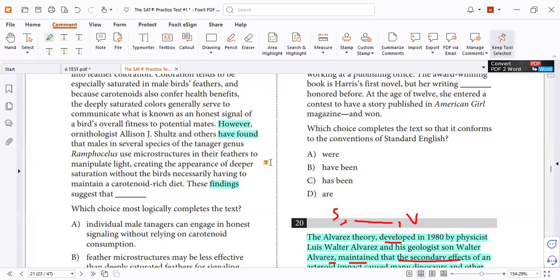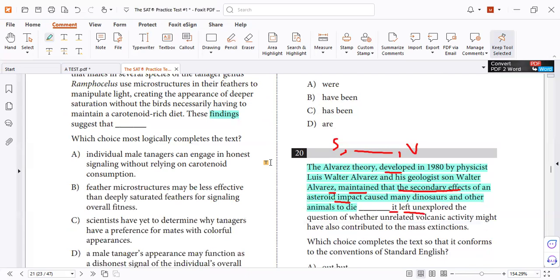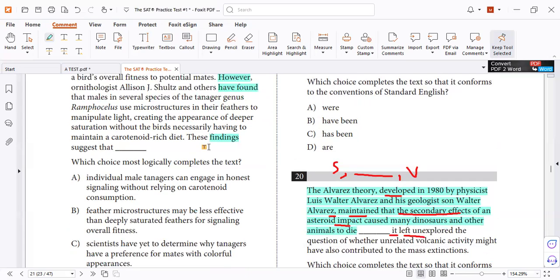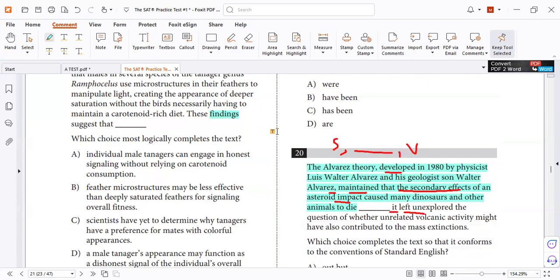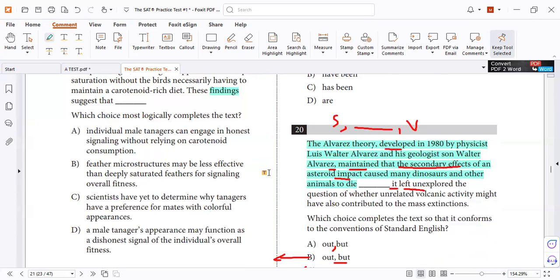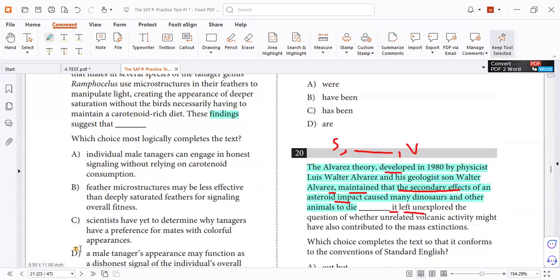I think A. Letter A. Remember, he said these findings. What are the findings? Here. So your answer must be there. Find after have found. So we need an answer related to these findings. So I think it's D. Your D is correct. That's fine.